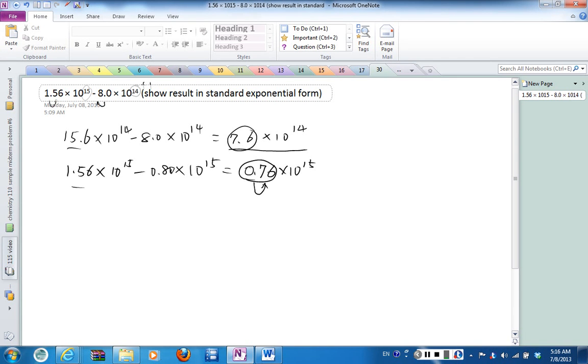And if we move the decimal 1 place right, then we need to subtract 1 from the power of 10, and that's going to give us 7.6 times 10 to the 14th, exactly the same answer that we got earlier using 14 as the exponent for both. So either way, if you're following the rules, you should get the exact same correct answer.